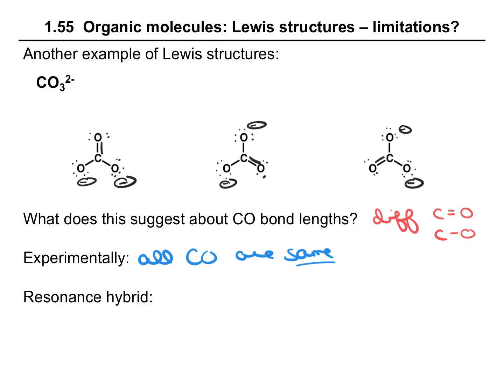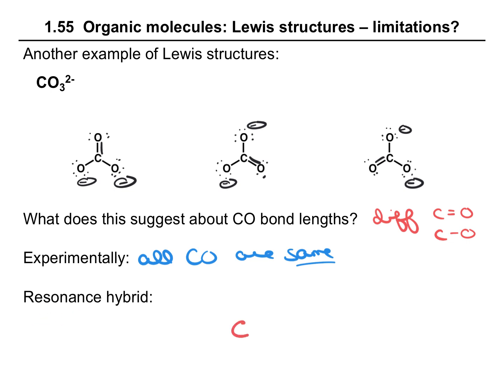So what we need to account for is the fact that rather than having this pair of electrons localized between this carbon and this oxygen, instead, these electrons are delocalized and spread out among the different CO bonds. So what actually exists then, we need to consider the resonance hybrid.